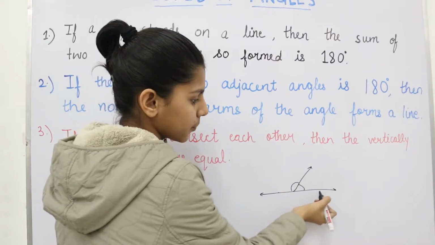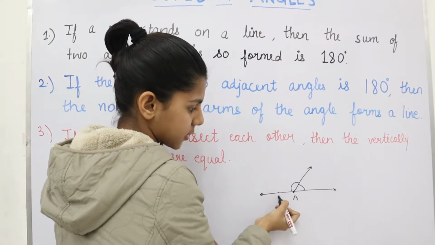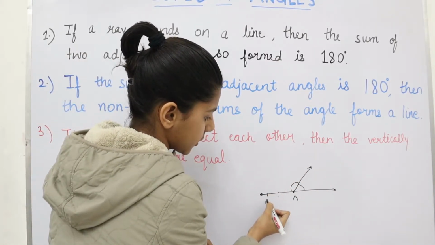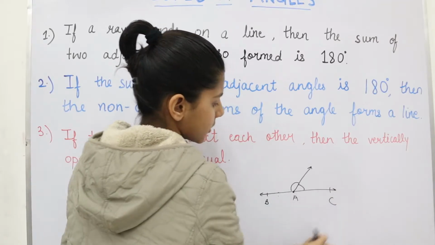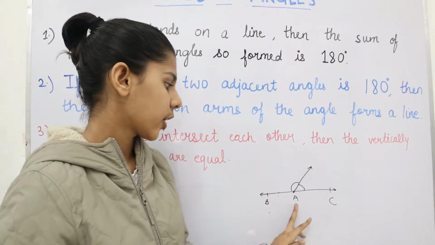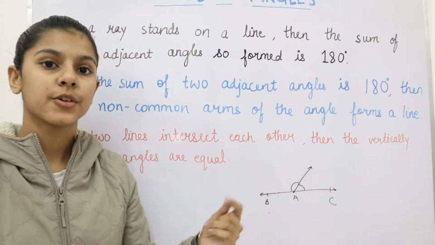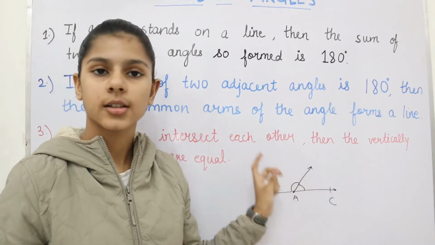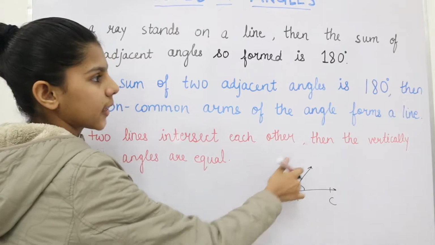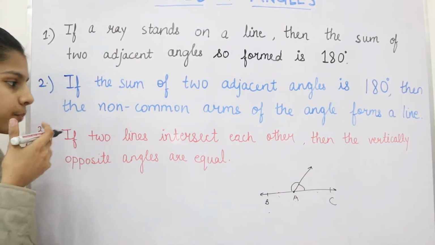Let's say this point is A, this one is B and this one is C. So ray AB is a non-common arm and ray AC is also a non-common arm. These non-common arms will form a line if the sum of the angles so formed is 180 degrees.